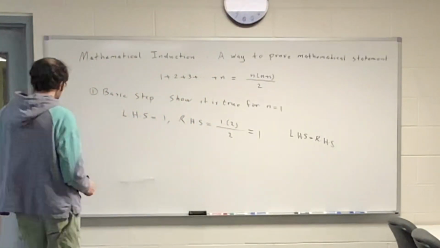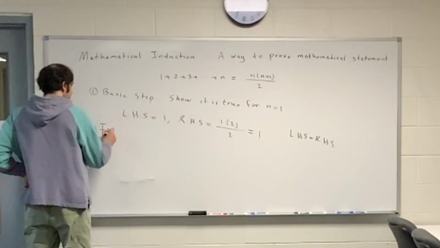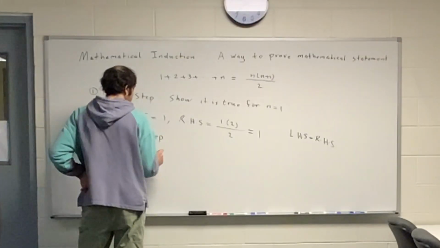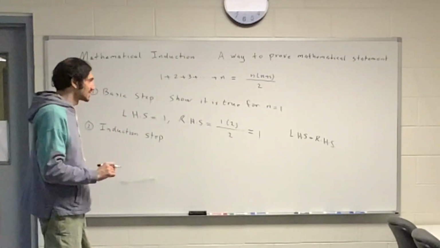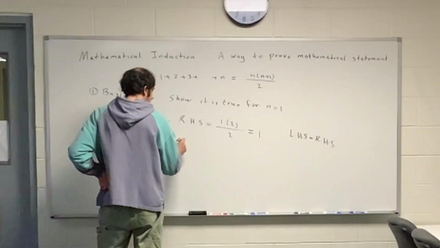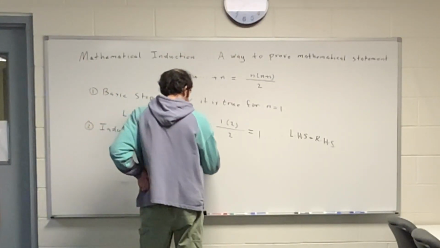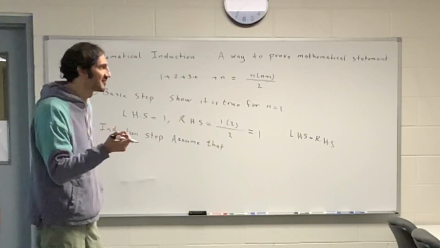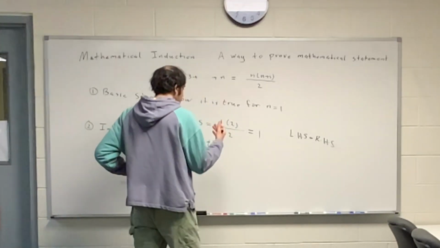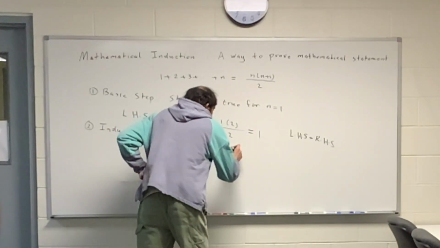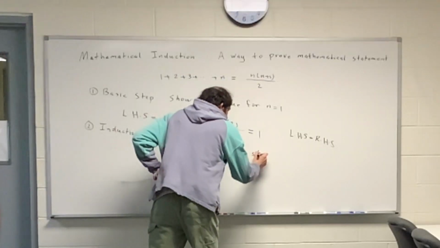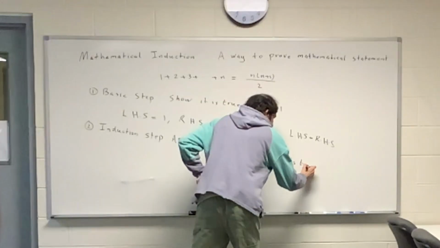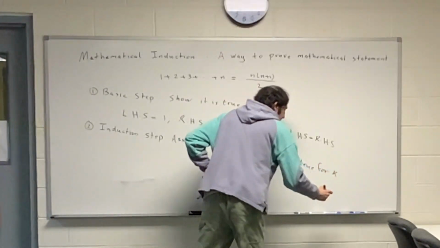The second step, which I call the induction step, is a little more difficult. You have to assume that your statement is correct for the value k. So instead of n, I'm going to say, assume that this statement is true for k.